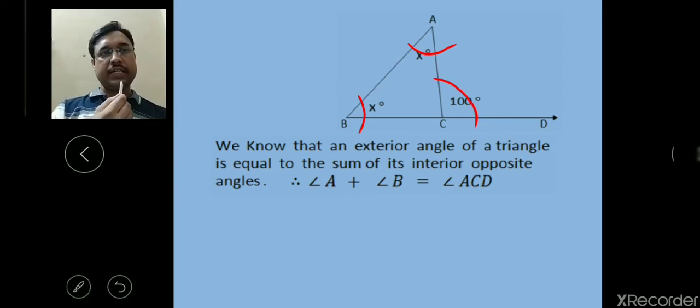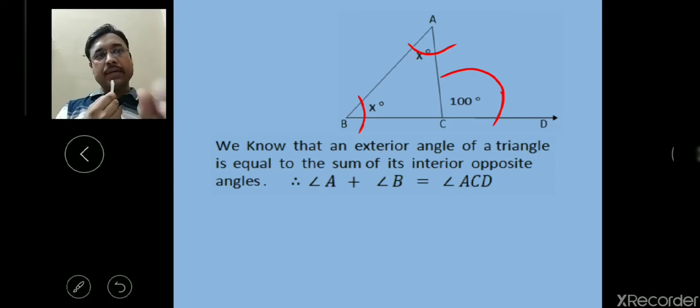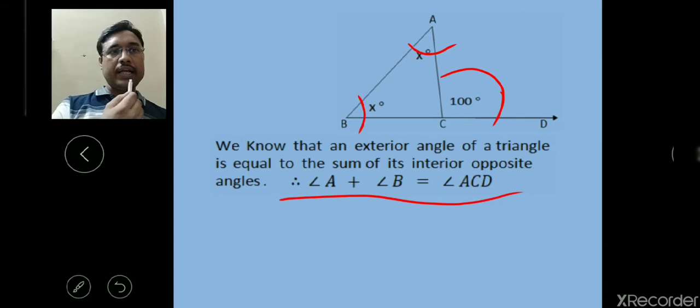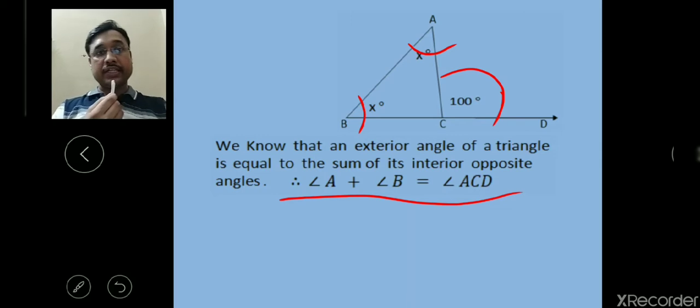ACD is 100 degrees, given. So angle A plus angle B is equal to the exterior angle ACD. Angle A and angle B are the interior opposite angles for the exterior angle ACD.